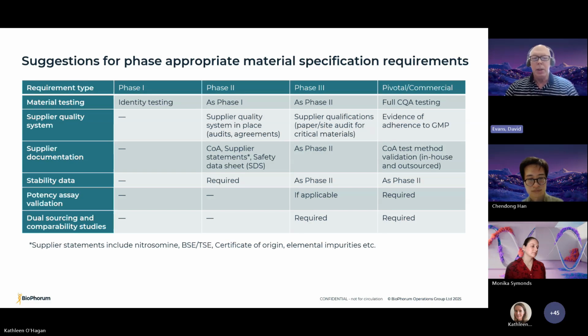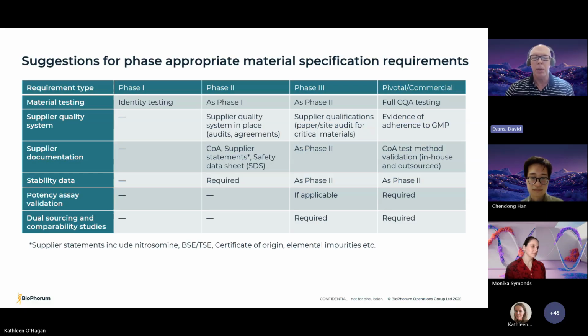And the next phase, then, you're going to phase 3. And at this point, it's the same as phase 2 as far as material testing, so it's still just identity of your raw materials. But at this point, you want all your suppliers qualified, fully locked in, so you know you can depend on that supplier submitting to your final product.